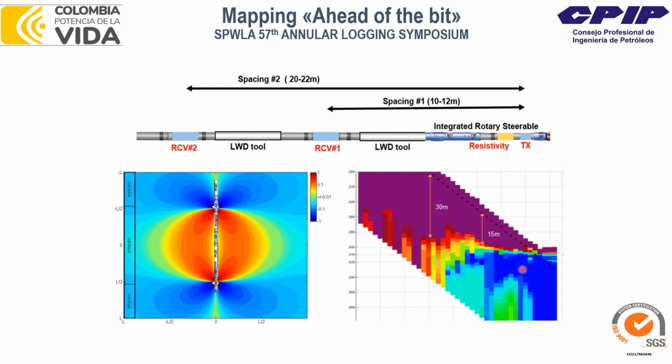So again, the experiment was quite interesting and successful. The BHA started to see the upcoming layer 30 meters ahead of the bit, looking down the vertical well, and then as we kept moving we got a more accurate picture.